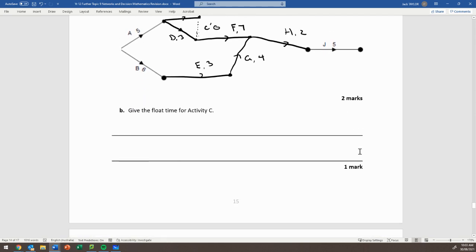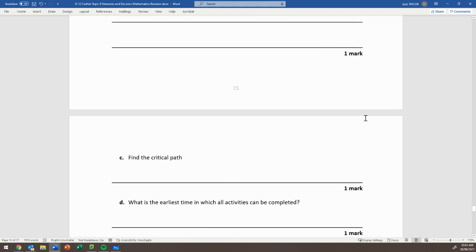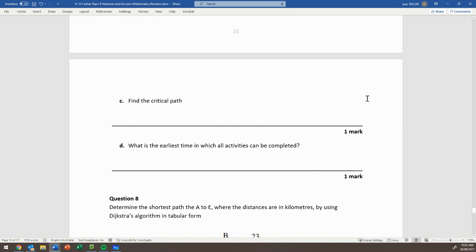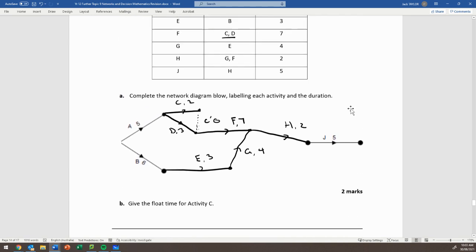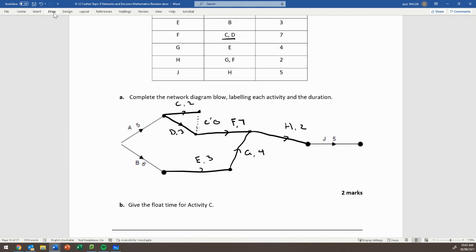Give the float time for activity C, and it's also going to ask us to find the critical path and the earliest completion time. So we're going to need to do a full forward and backward scan for this.